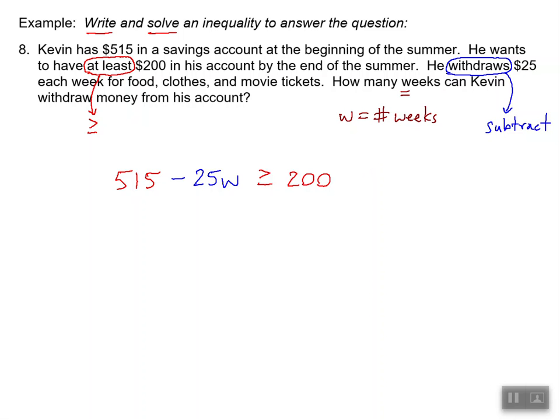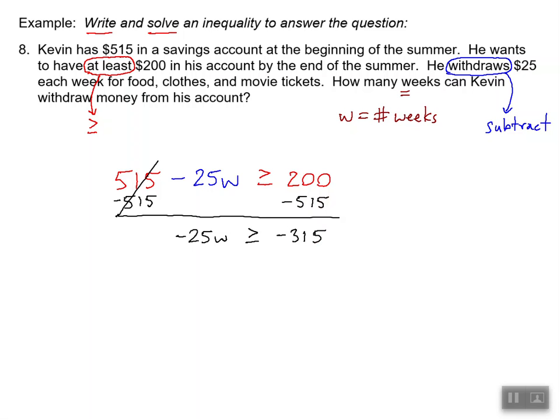We just need to solve this inequality. I need to solve for W, so I'm going to get rid of this positive 515 by subtracting 515. I'll subtract 515 from both sides, of course. I'll draw my line, and this goes away. My negative 25W will be right here. Subtraction does not change my inequality. 200 take away 515 is negative 315.